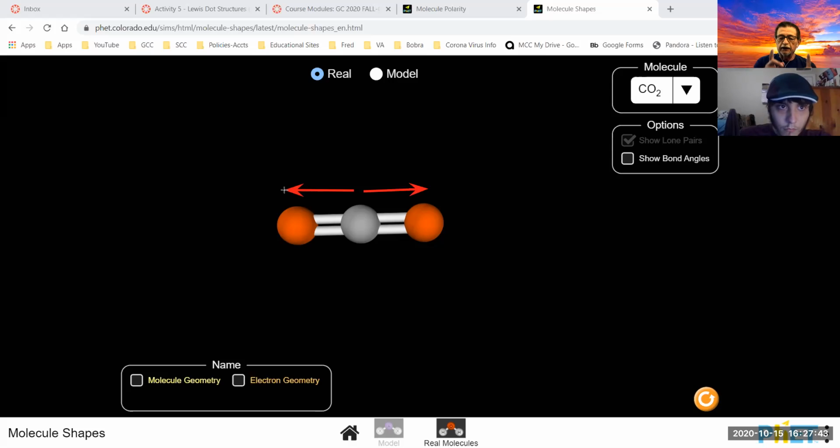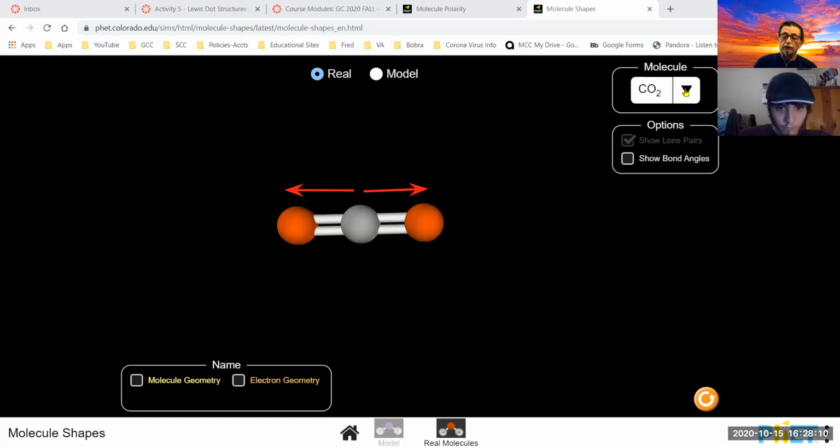But the fact that they are going in opposite directions, they cancel each other out with respect to the effect of the polarity of that bond. Okay. That being the case, carbon dioxide ends up to be nonpolar because the polar bonds in the multiple bonds cancel each other out.